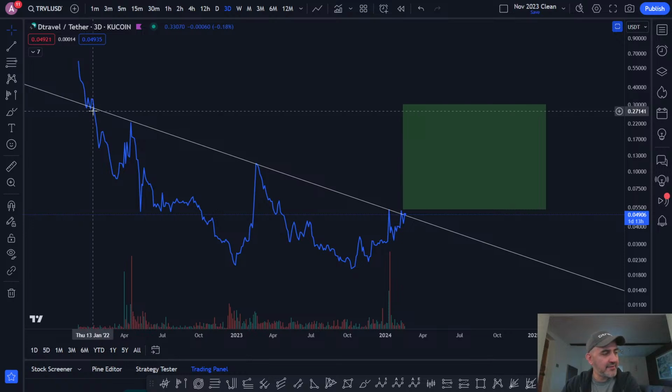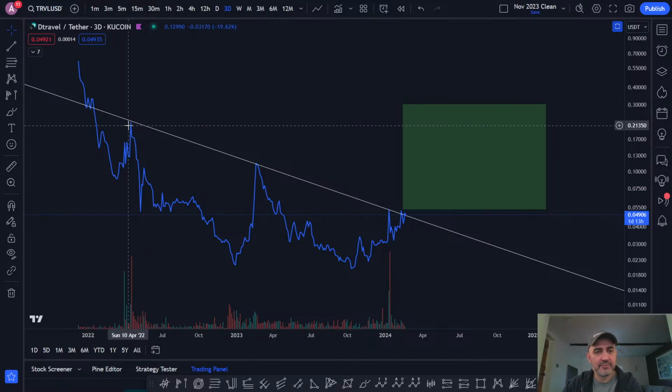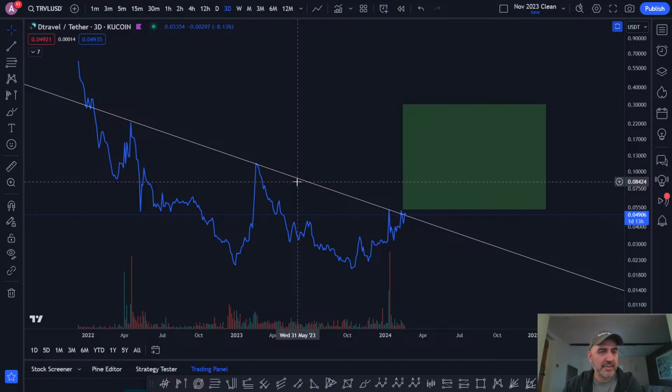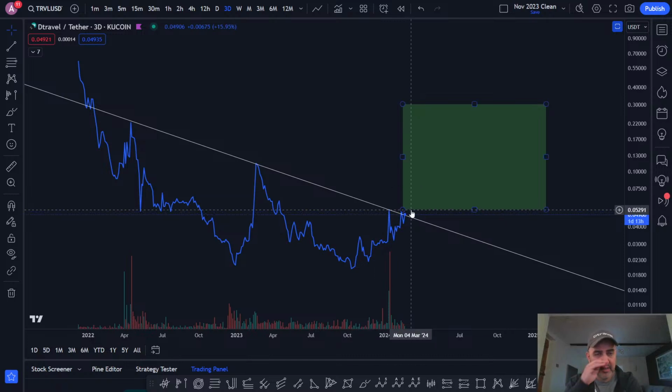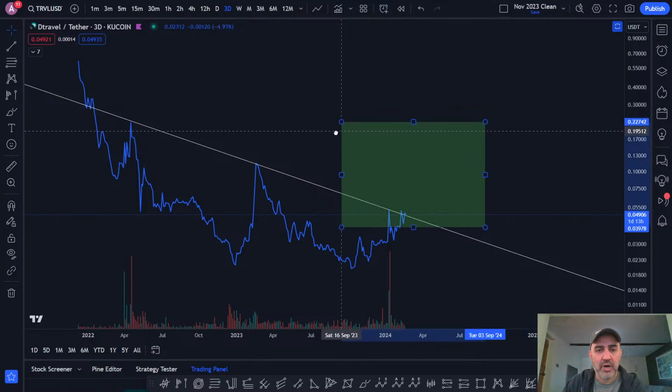Because this is a significant line. Don't think this is insignificant. We're basically looking at a higher time frame trend line, which is aligning on all of the exchanges at the same time we're coming back into it. So if we do break this, it should be easy to see what our targets are.